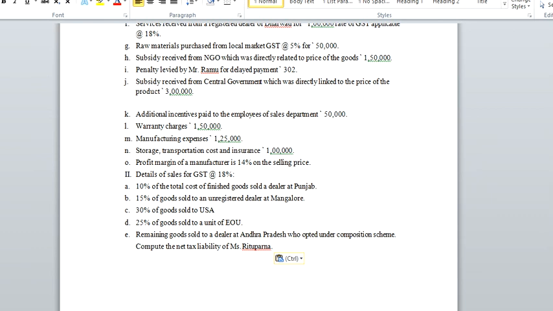Simple student, just you add the percentages given here. 10% plus 15 it becomes 25. 25 plus 30% it will be 55%. 55 plus 25%, so 80%. ಅಷ್ಟು ಗೂಡ್ಸ್ನ ಬೇರೆ ಬೇರೆಯವರಿಗೆ ಸಪ್ಲೈ ಮಾಡಿ, to Punjab dealer, Mangalore dealer, USA and EOU. Total 80% goods have been sold. ರಿಮೈನಿಂಗ್ ಎಷ್ಟು ಪರ್ಸೆಂಟೇಜ್ ಅಂತ ಹೇಳಿದ್ರೆ 100 is the percentage, ಮೀನ್ಸ್ 100 ಅಲ್ಲಿ 80% ಗೂಡ್ಸ್ನ ಬೇರೆಯವರಿಗೆ ಸಪ್ಲೈ ಮಾಡ್ಯಾರೆ. Remaining is 20%. 20% is sold to Andhra Pradesh dealer. In this way we are supposed to work out the problem.